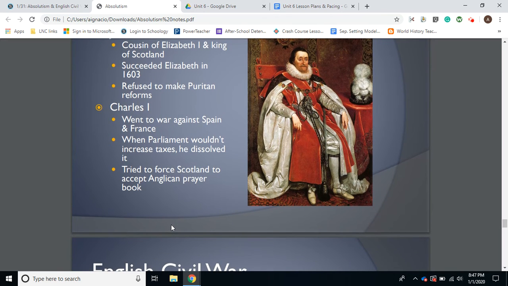He also tried to force Scotland to accept the Anglican prayer book. Since Mary Stuart, before she was beheaded, the previous ruler before James, had tried to force a lot of people in Scotland to accept the Anglican prayer book, but some people in Scotland were Catholic, and Scotland had been religiously tolerant for some time now, so that was very unfavorable with the Scottish people as well.